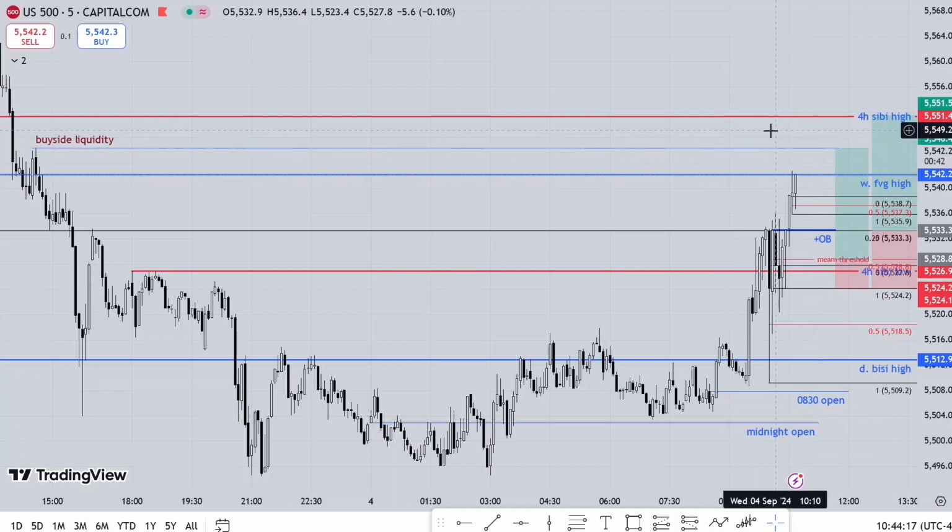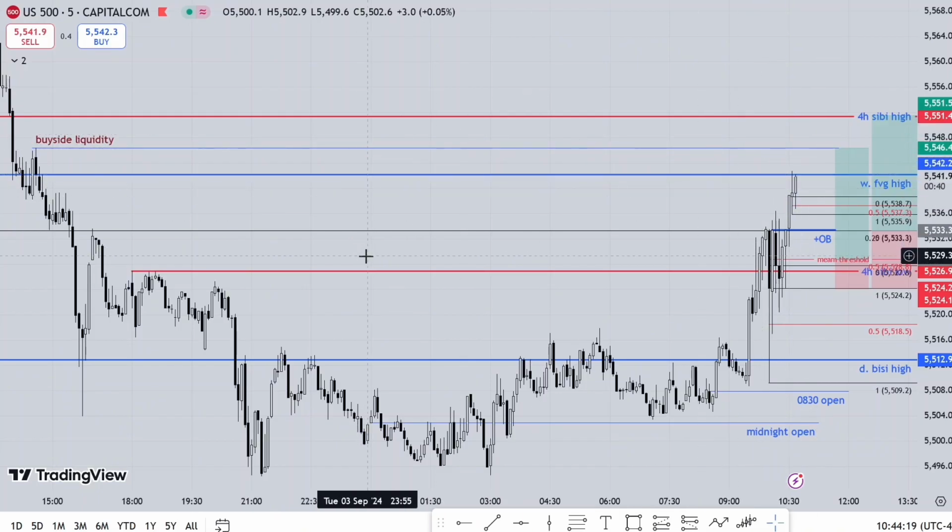So traders that are not seeing price with this lens that we are using currently will place their buy stops here, which is just right below here, and they are already resting buy stops above here.